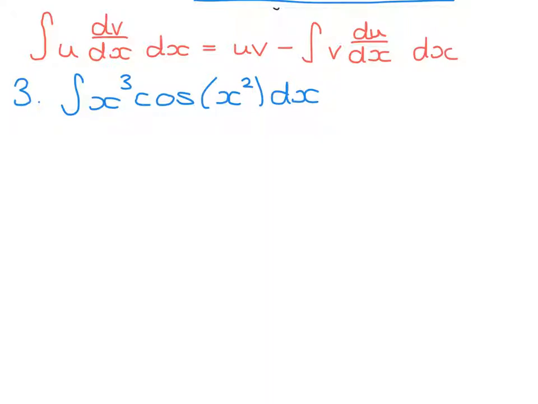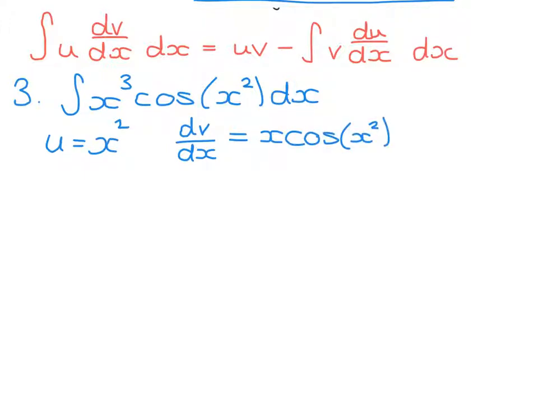But instead, I'm actually going to split this up so that u equals x squared and dv by dx equals x times cos of x squared. From this, we know that du by dx equals 2x, and v must equal a half times sine of x squared.